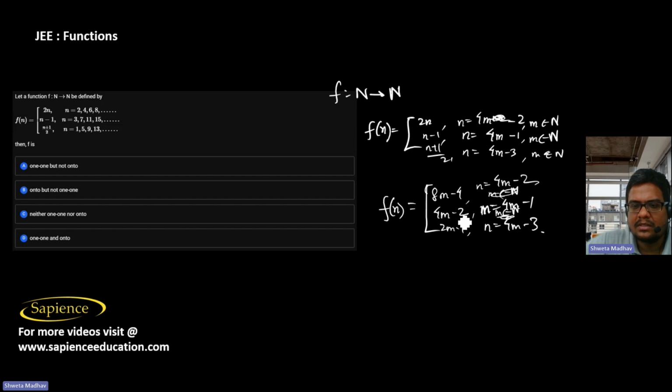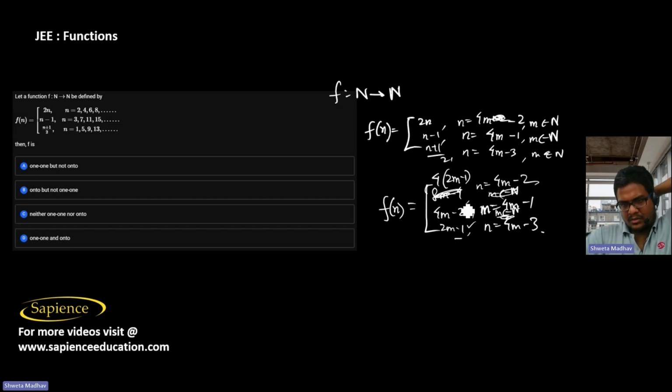So here, as you can see, all these will be multiples of 4 only, since we can write it 4 into 2m minus 1. So this will be odd multiples of 4. These will be all odd numbers.